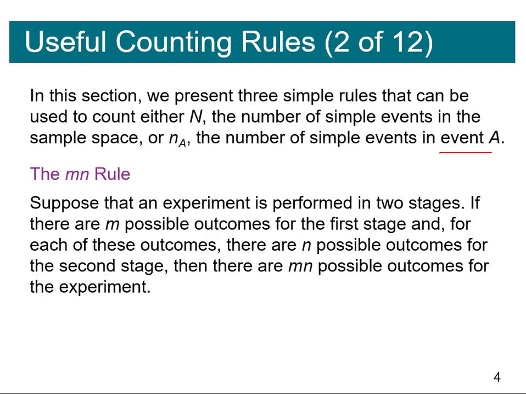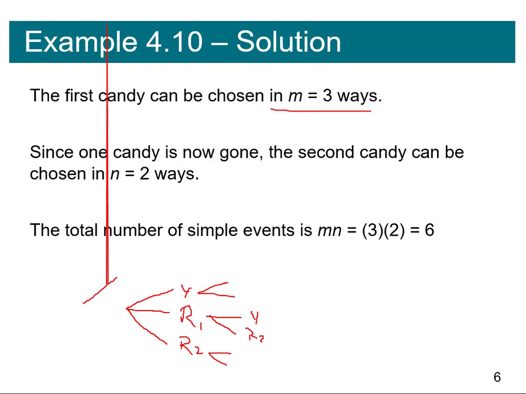So there were 2 possible outcomes for the second stage. Then there were 3 times 2, or 6 possible outcomes for the experiment. So that's called the mn rule. Okay, so we have this example of it here.